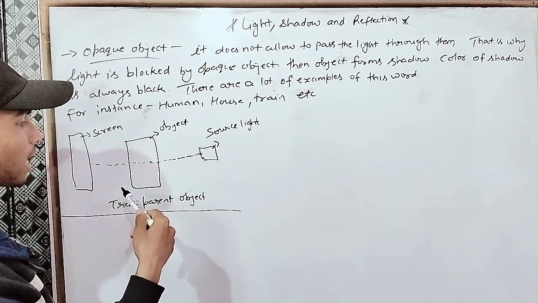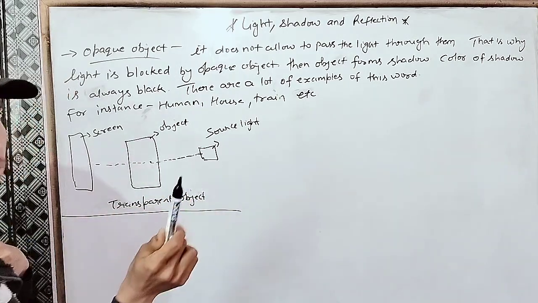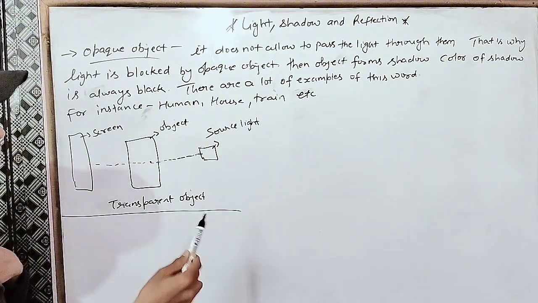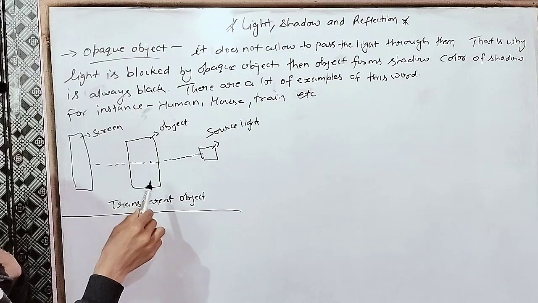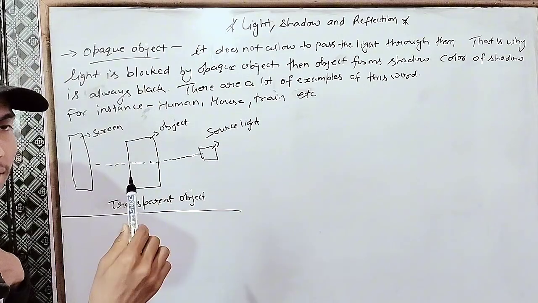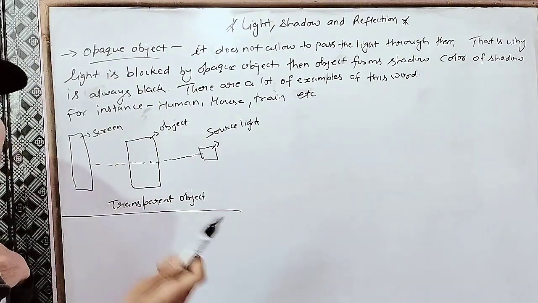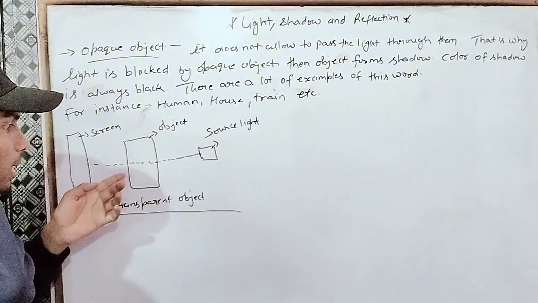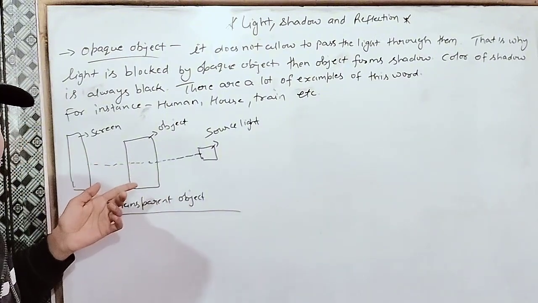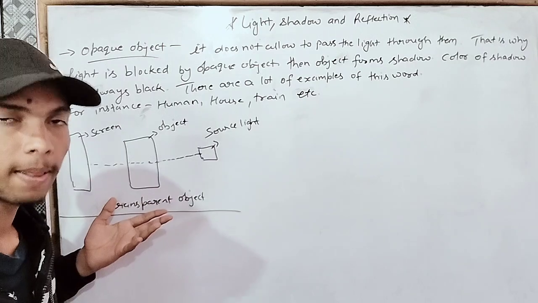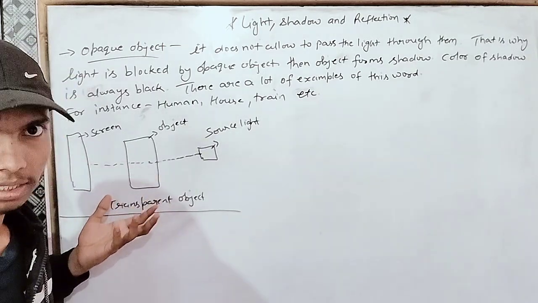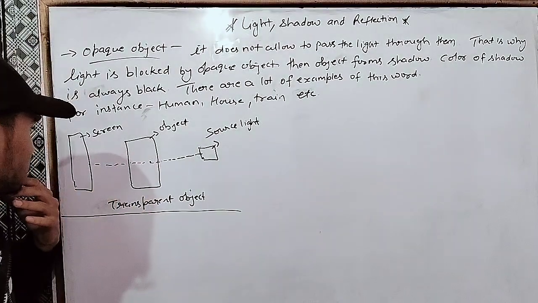In other words, you can understand that here is you, here is a woman, this is I, and we want to see behind this object. If this object allows us to see the area behind it, it means this object is named transparent, and we see this type of object in our life. Clear?